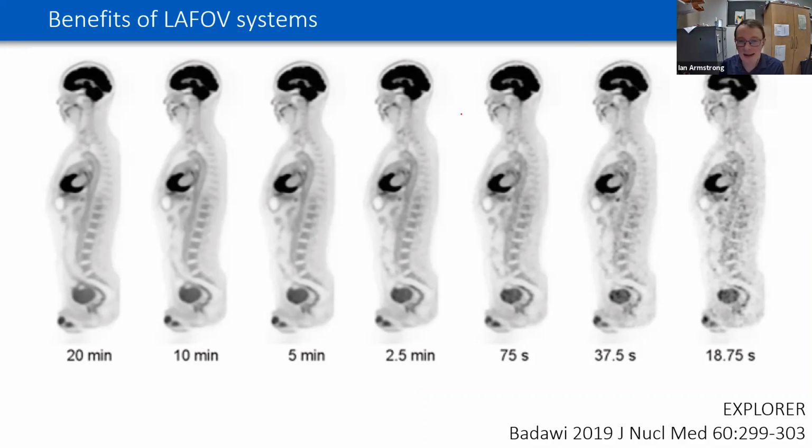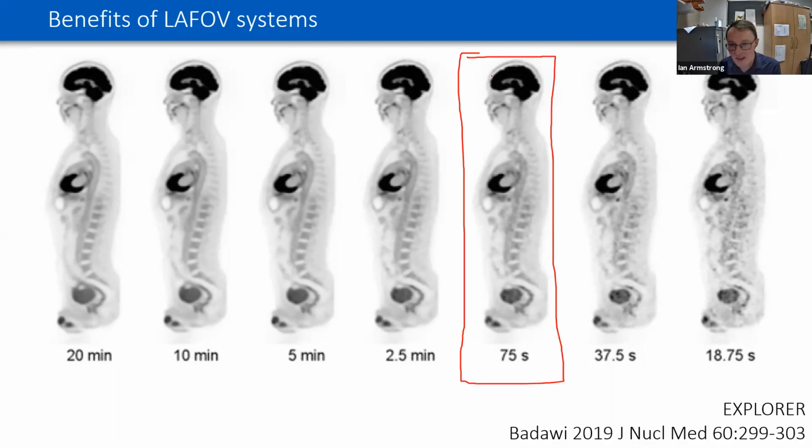And we look at how this image quality fares, and I always like to pick out this 75-second one, because I feel that this is kind of what we would think about as a good or typical image quality from our other types of PET scans, which we'd probably say will take about 10 minutes or so to acquire on another system. So this really is a huge step forward in terms of sensitivity and potential applications in oncology going forward.